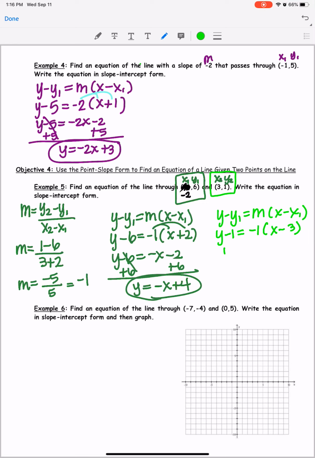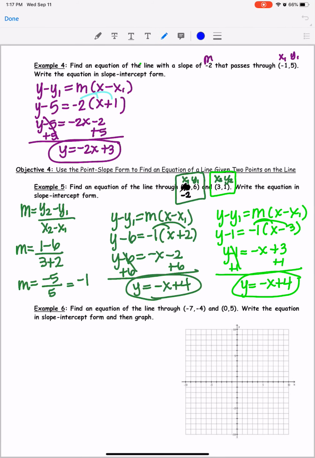So we get y minus 1 equals -x plus 3. Add your 1 over, and you get y equals -x plus 4. So it does not matter what point you use, you still get to the exact same answer. So just pick a point. I usually pick the smaller of the two numbers, but it doesn't matter what you pick at the end of the day.